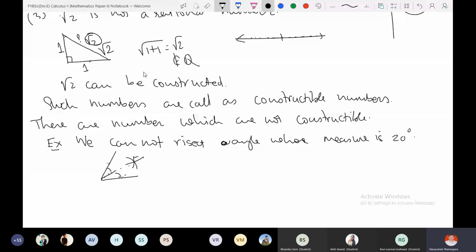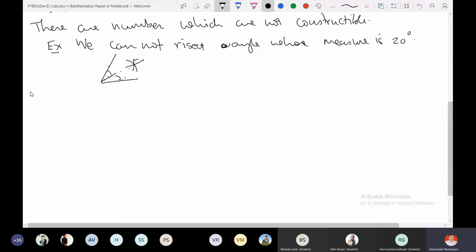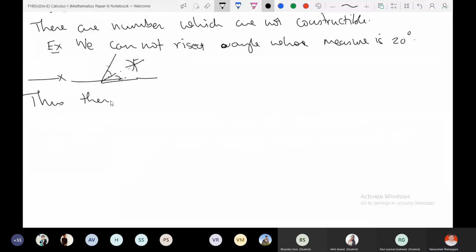So thus, what is the conclusion of all the above discussion? Thus there are numbers which are not rational numbers.